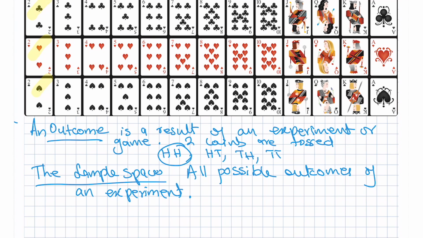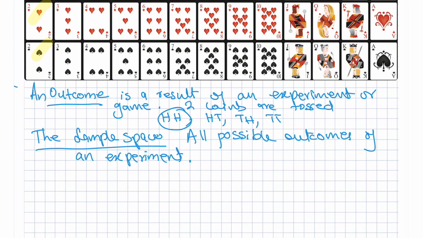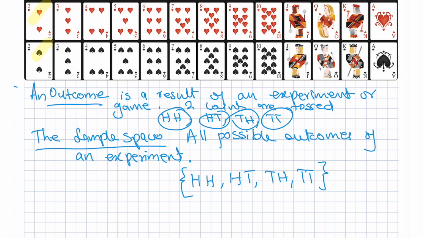So if the experiment is tossing 2 coins at a time, then the sample space is written inside curly brackets. The sample space for tossing 2 coins is HH, head and tail, tail and head, and then the 2 tails, and we close off the curly bracket.